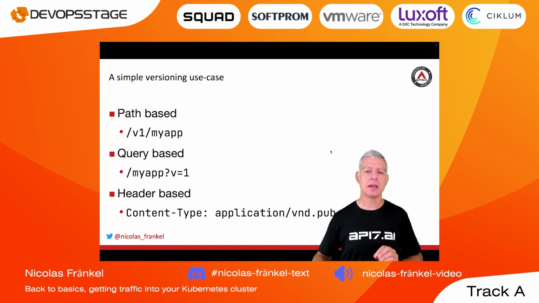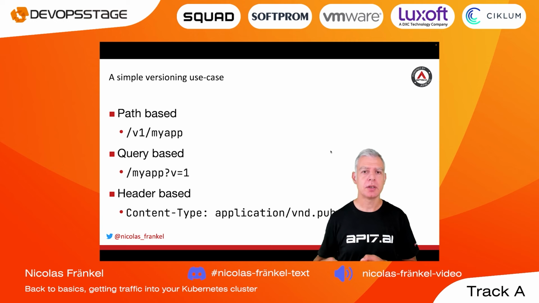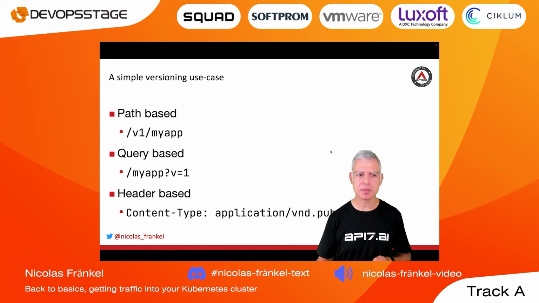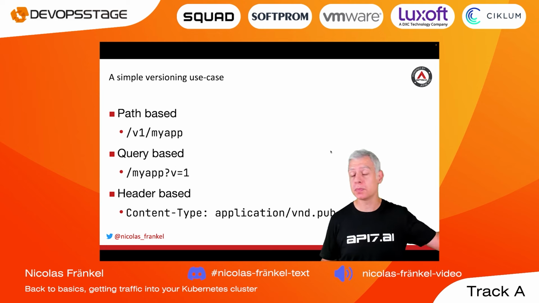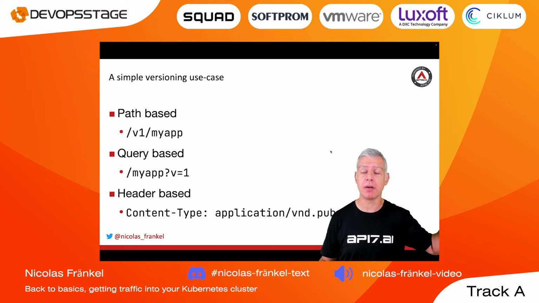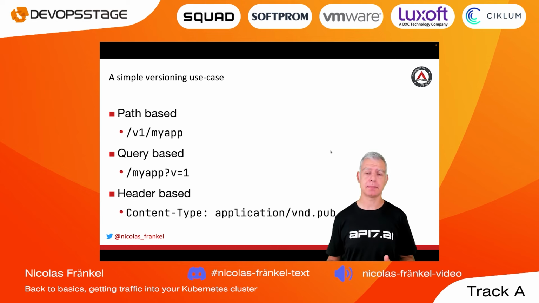The thing is, most of the time you want to version your APIs or your apps or whatever. And there are a couple of versioning schemes. The first one is path-based. This is what we could be doing by using routing by path. The other is query-based, and the third one is header-based.